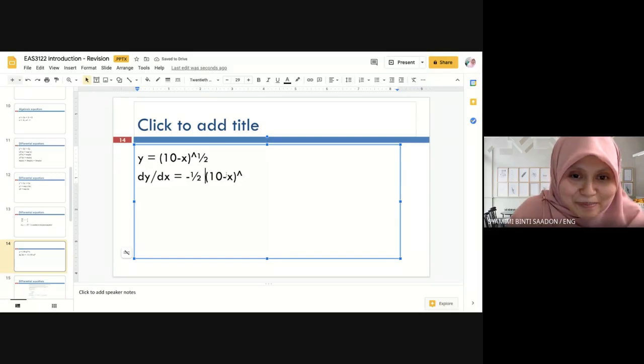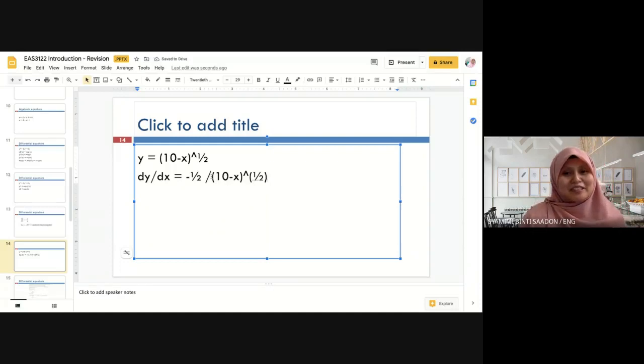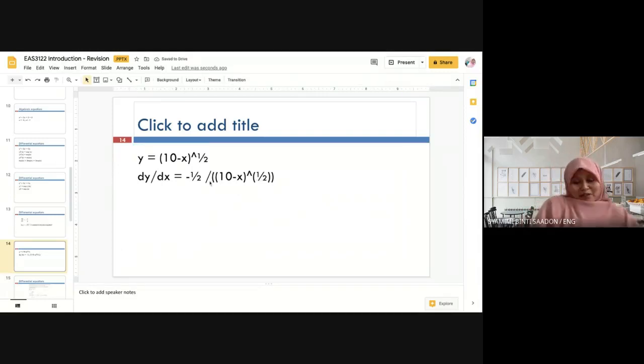It's actually macam nak tulis dah kat sini. Okay. Boleh ke? The answer is negative 1/2, and the square root of 10 minus x is below, the denominator.